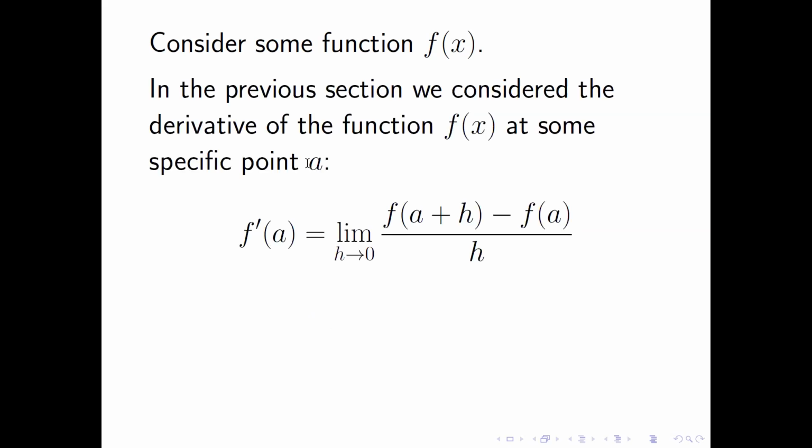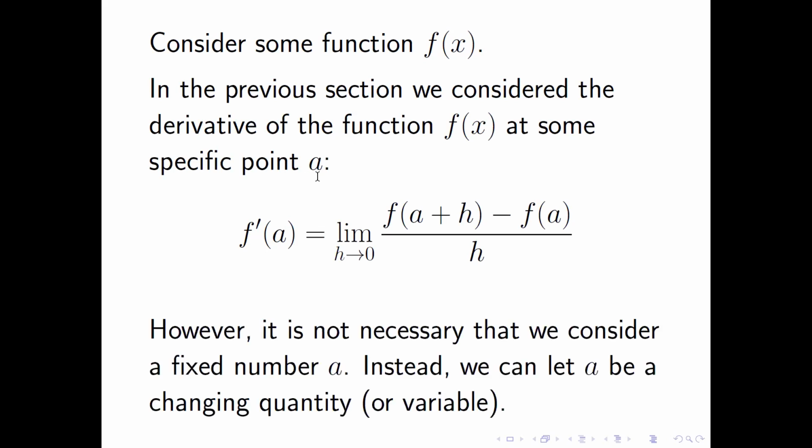In the previous section, we learned that we can find the derivative at the specific point A. For now, in this specific lesson, we're gonna look at our variable A as a changing variable. However, it is not necessary to fix our point A. A can be a changing variable.